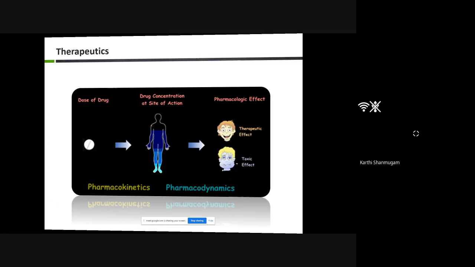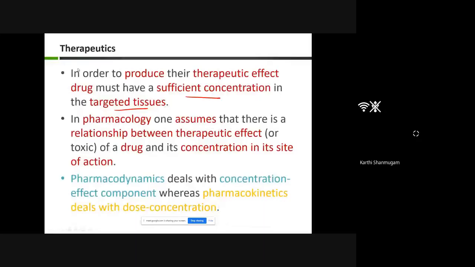To produce the therapeutic effect, the drug must have sufficient concentration in the targeted tissue. It is not about how much of the drug molecule is taken. It is about how much concentration of the drug molecule is present near the targeted site. That plays an important role. That is going to decide how much drug action we can expect out of that drug molecule.